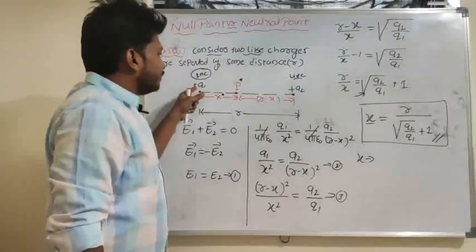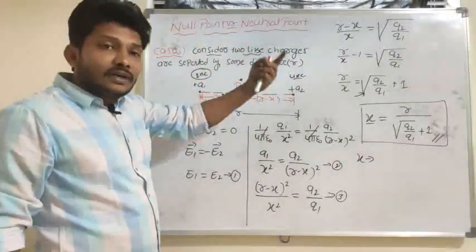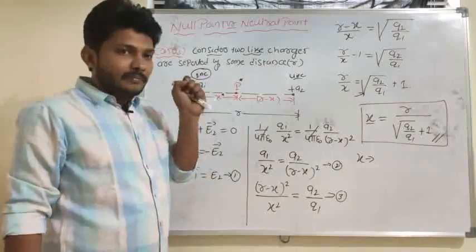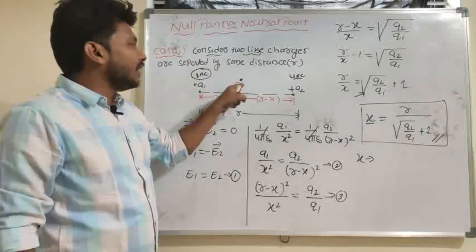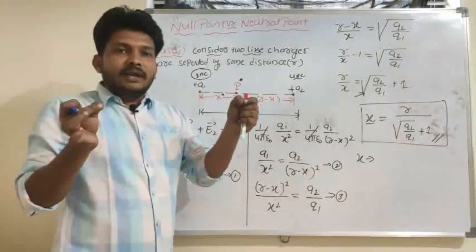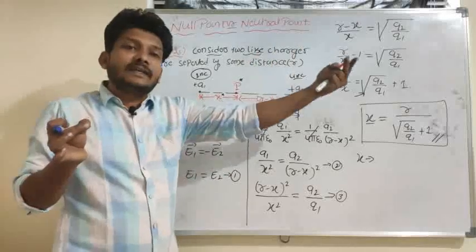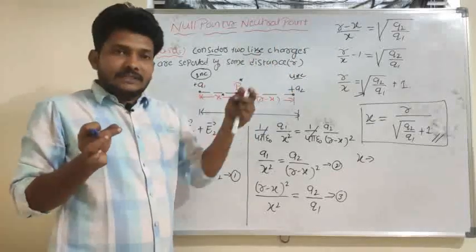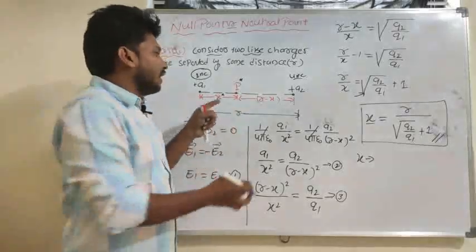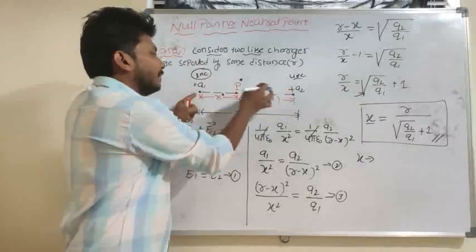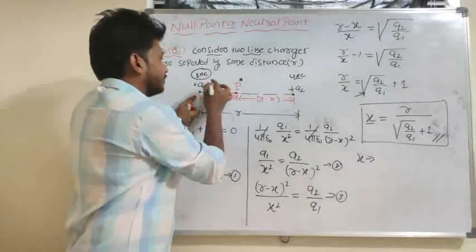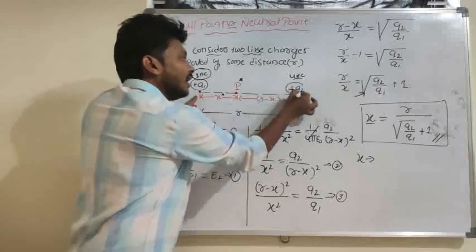Suppose one charge is positive and another one is negative, where will you get that zero electric field? For similar charges, zero electric field exists between the charges. For dissimilar charges, electric field is zero outside these two charges.